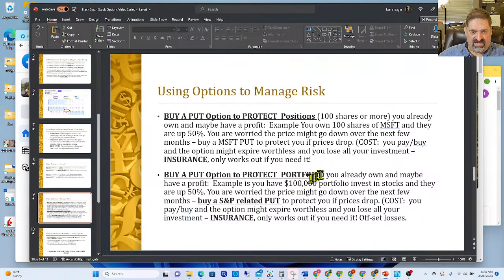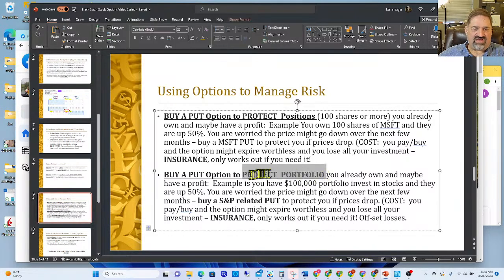So another way is, this is how I usually do it. I don't usually buy put options on individual positions. If I had some that were up hundreds of percent, and I knew there was a particular announcement or something like that that might cause extreme movement in the stock price, I might do that.